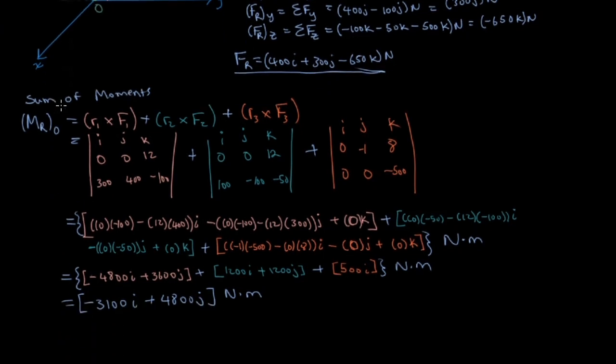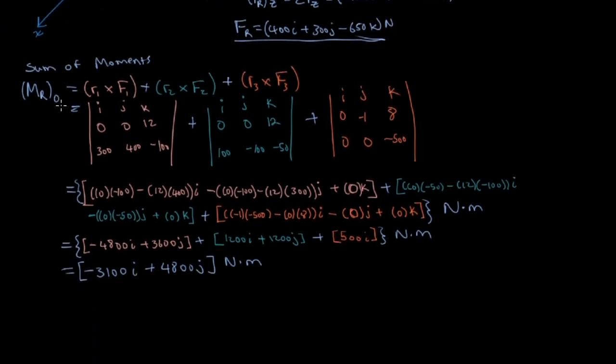So scroll down, okay. And so we would write a new force, we'll call it F12. That is the resultant force of F1 and F2.